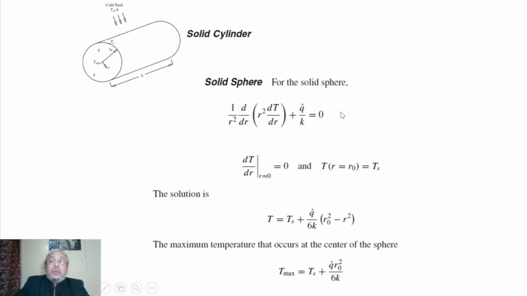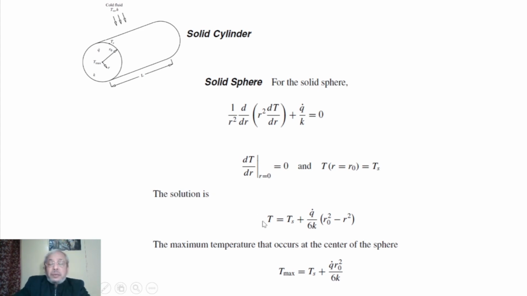This is the governing equation: 1 by r squared d/dr of r squared dT/dr plus Q star by K equal to 0. And the boundary conditions are again dT/dr at r equal to 0, that means at the center, equal to 0, and T at r equal to R naught, that means the surface of the sphere, is Ts.